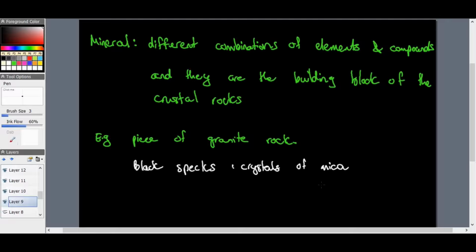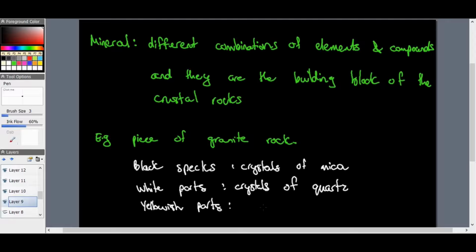Some people may pronounce it differently. Then we get the white specks, which are crystals of quartz. And the yellowish parts are crystals of what is known as feldspar. All these make up a piece of granite rock.